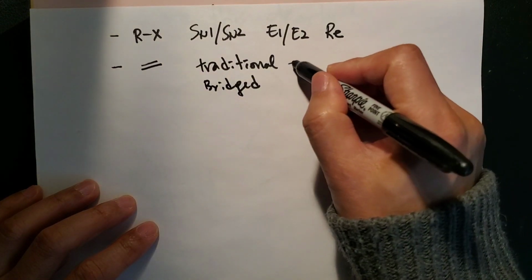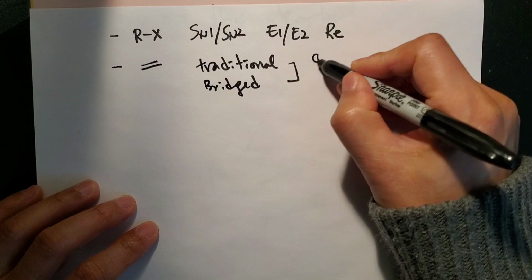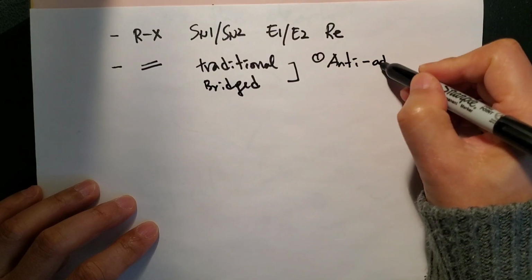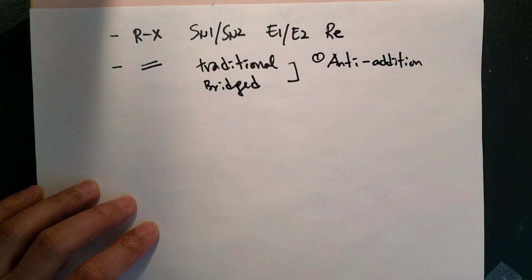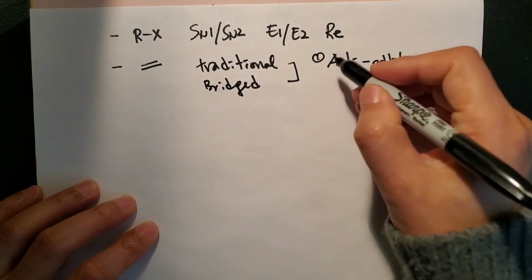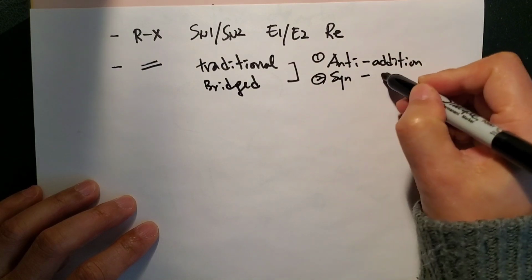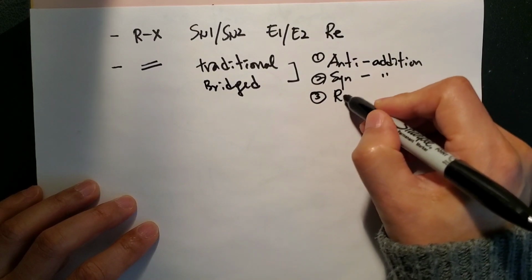So through these reactions, what we saw was we could have anti-addition. Remember the example of Br2 and so on? We could have syn addition as well, but we didn't have example yet, so leave that. Syn addition. Then we had racemization.